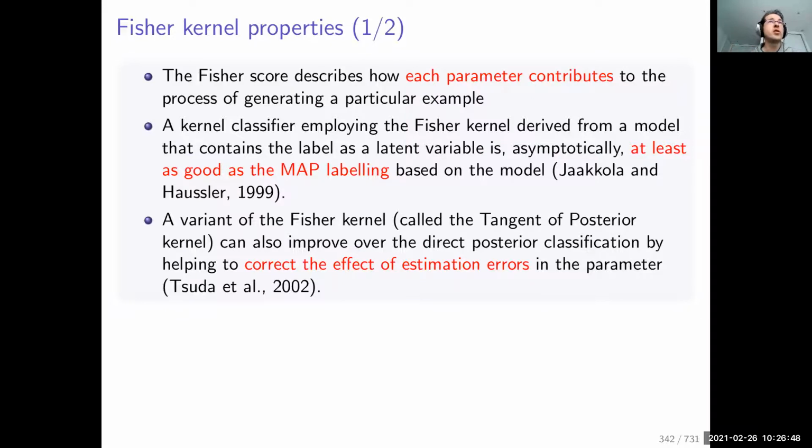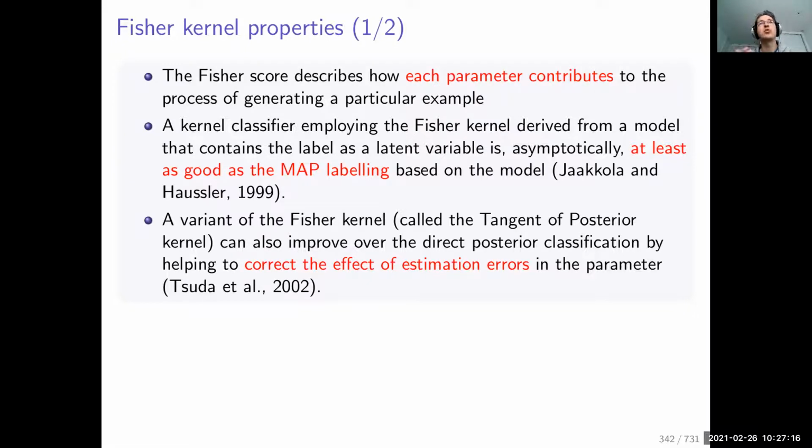So about the Fisher kernel properties, like I said, the Fisher score describes how each parameter contributes to the process of generating a particular example, so how much it contributes to the probabilistic model. Then there is something to say, but I don't want to insist on this now because we will come back to that later. When you have a generative model of your data, it's very simple to derive some classification rules by using Bayes rule.